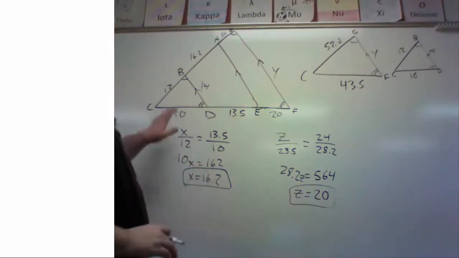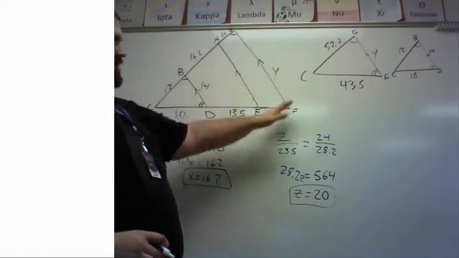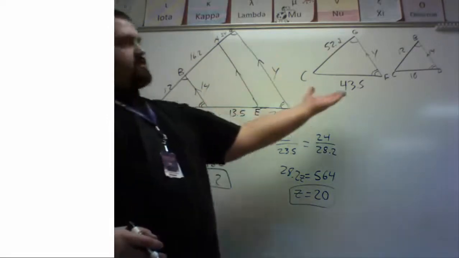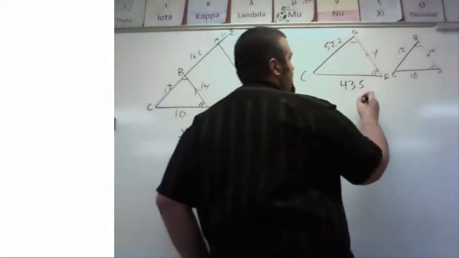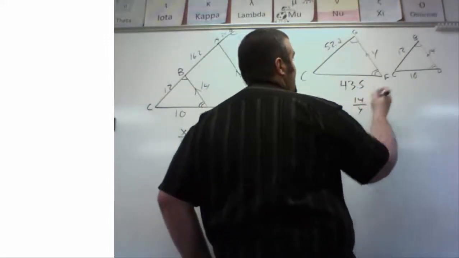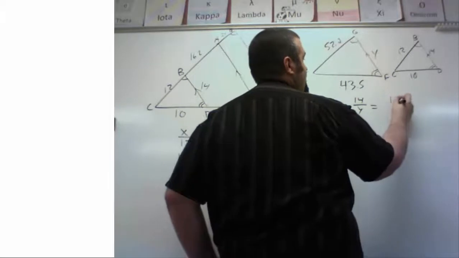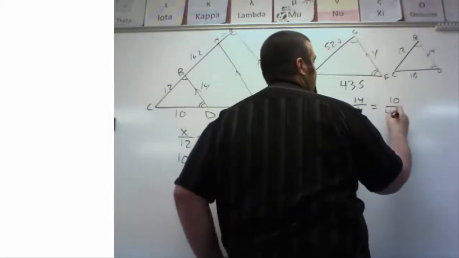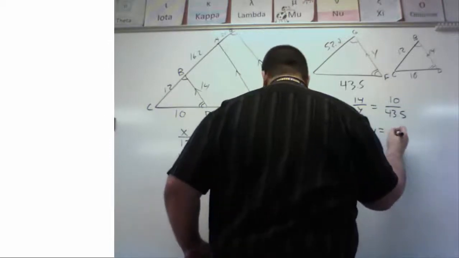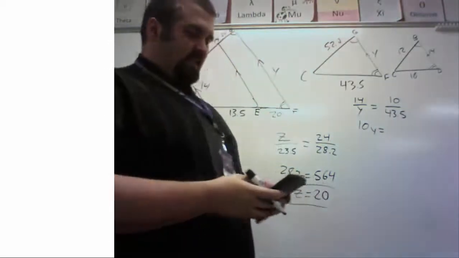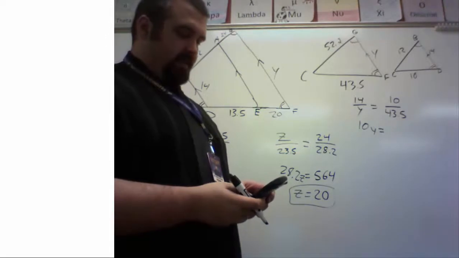The hard part here was looking at this as a triangle and looking at the big thing as a triangle. And now that I have two similar triangles, I just set up the correct proportion. So if I look at sides, I can do 14 to y, and that would equal 10 to 43.5. Cross multiply, 10y equals, well, I don't know what 14 times 43.5 is off the top of my head.